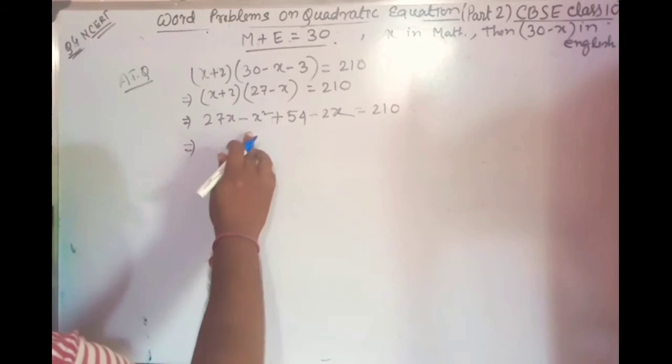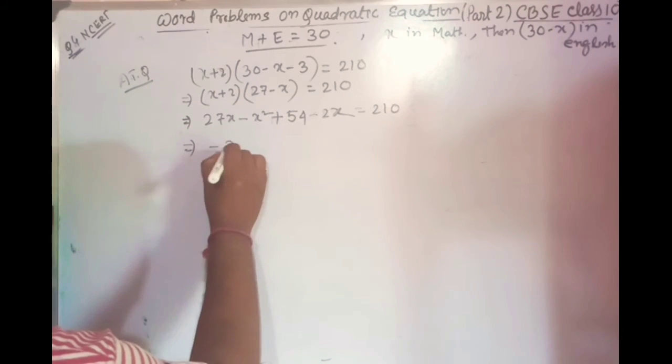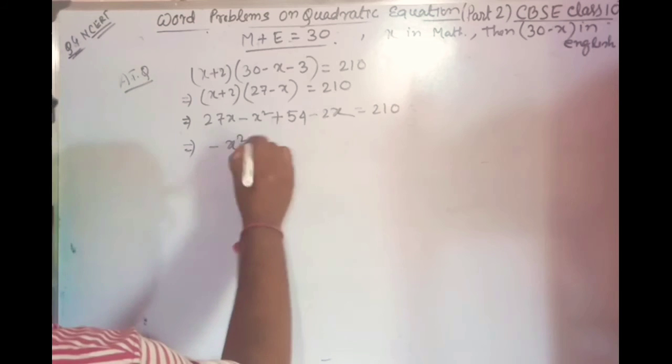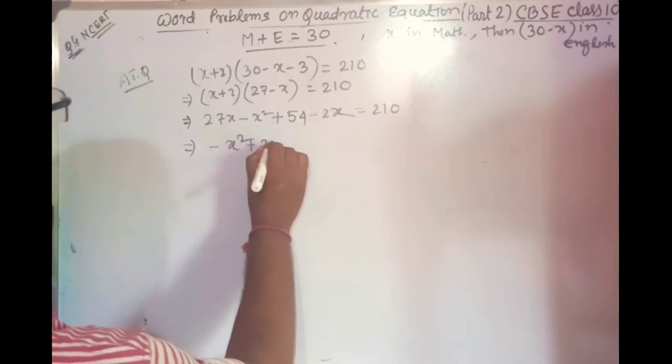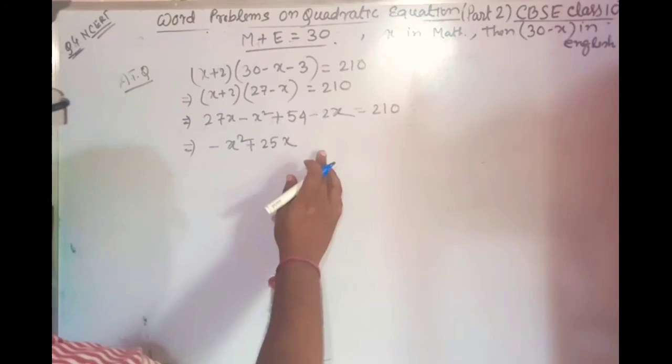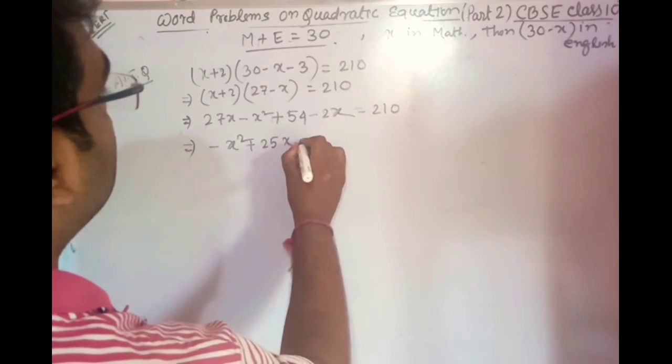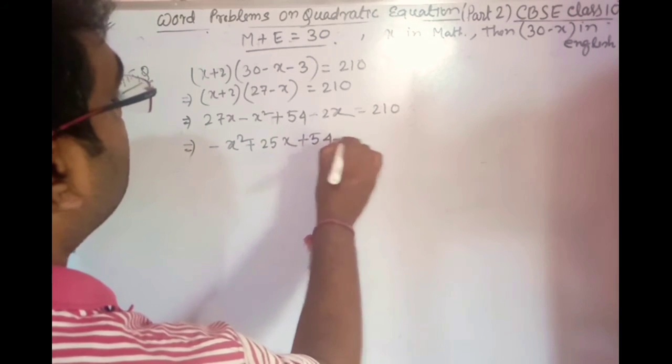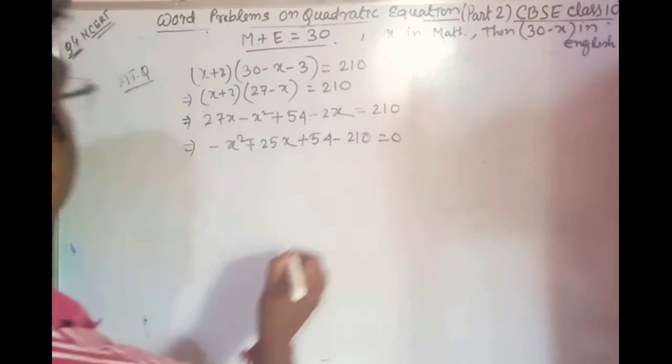Now this can be written as minus x square plus 25x plus 54 minus 210 equals 0.